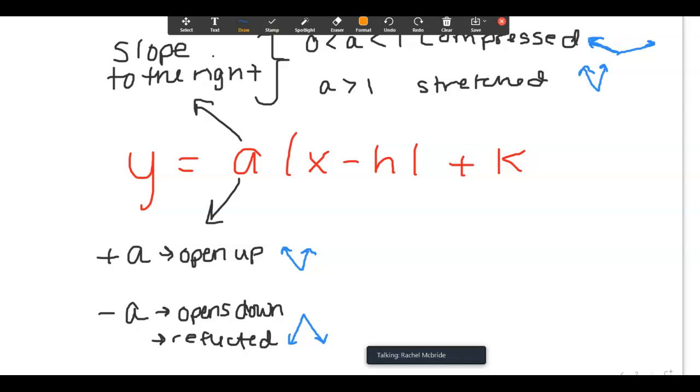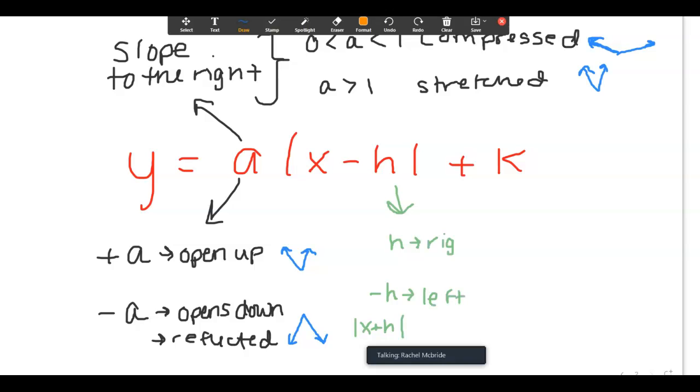We get some other key features looking at H. So in the formula, the negative is part of the equation, not part of the H. So a negative H is actually going to do the opposite of what we think. When it's a negative H inside that absolute value, it's actually going to look like a positive. A negative H will move us to the left.